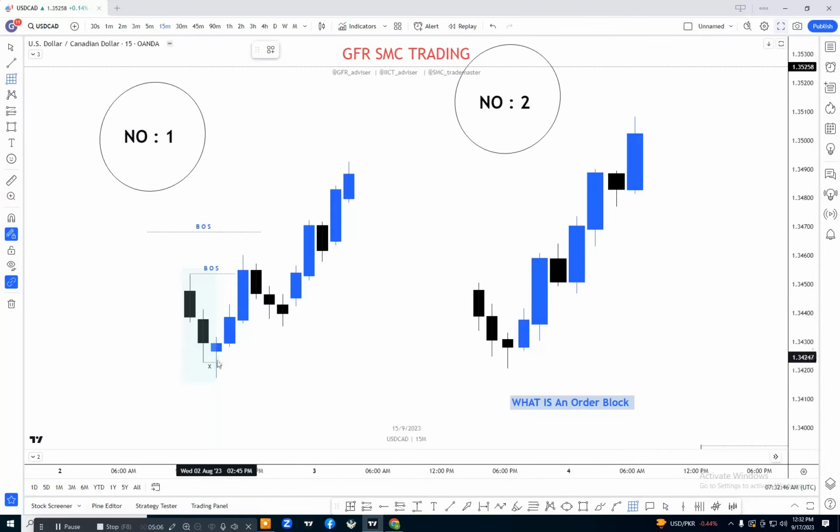This is our last selling candle before this high move, so we will simply mark it like that. So this will be considered as our bullish order block, because this candle has proper imbalance. We can take risk for buys in future at this point when the market will retest here.